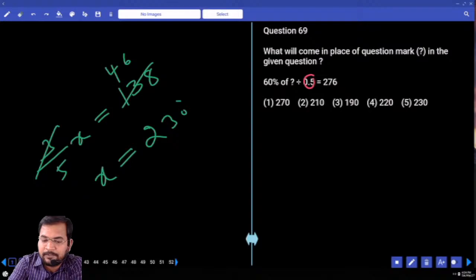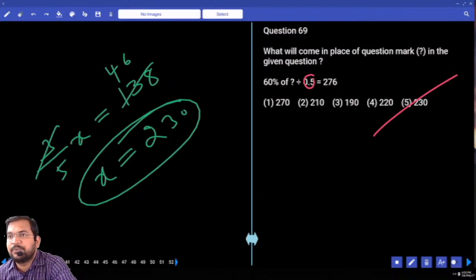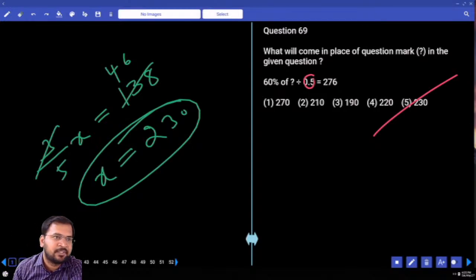Your answer is 230. 60% is 3/5, 0.5 is nothing but 1/2, 276 into 1/2, half of 276, 138. Are you clear?